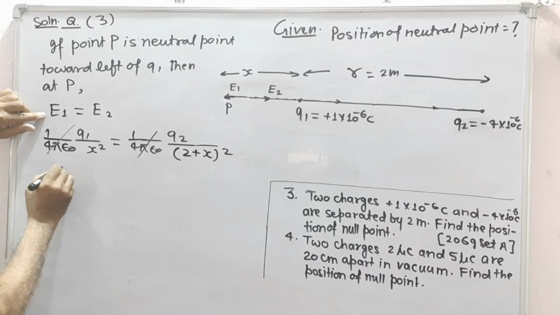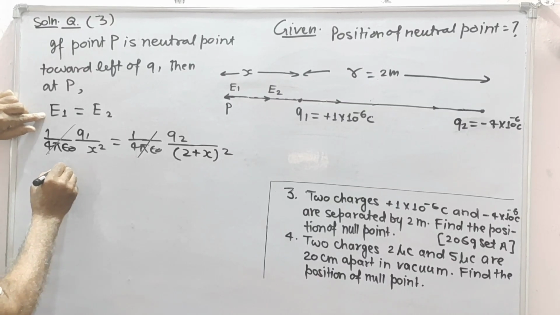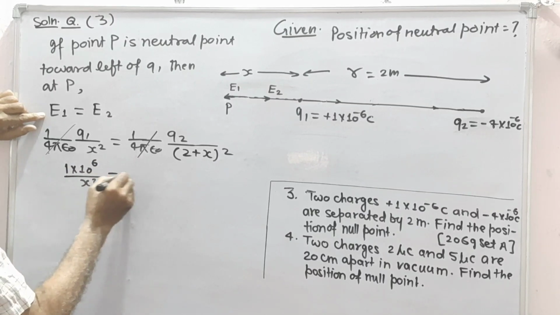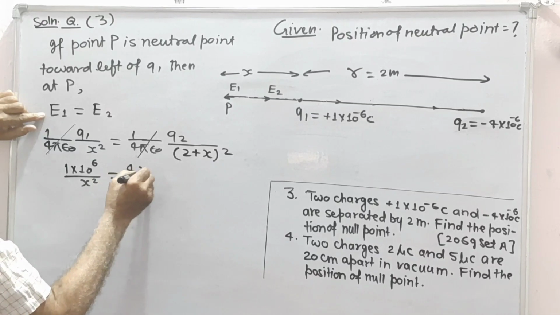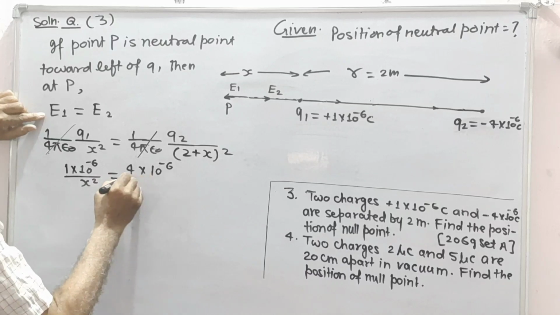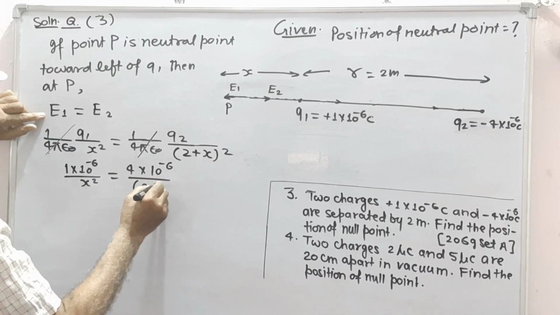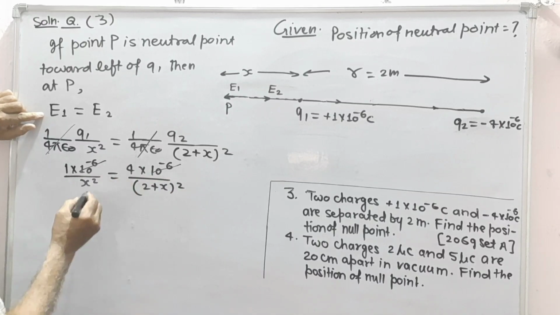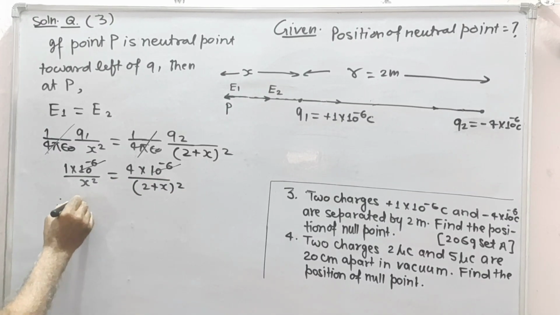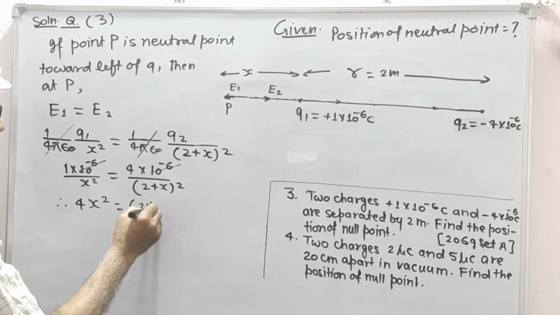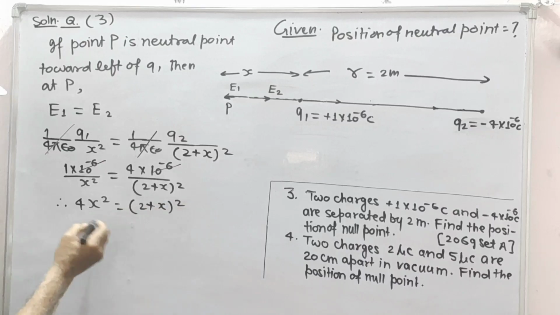So Q1 will be 1 into 10 to minus 6 upon x square is equal to 4 into 10 to minus 6 upon 2 plus x whole square. 10 to minus 6 cancels out and we get 4x square is equal to 2 plus x whole square.